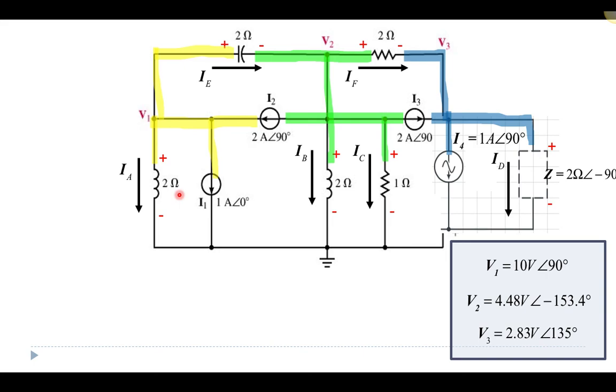But the steps that you would follow using nodal analysis are exactly what we did here. So we were able to find the voltage of the node at 1, the voltage 2 here, and also the voltage 3 on the third node. So this is just a guide on how you would set up any problem of this nature, and keep in mind that it's possible that you may have to solve simultaneous equations.